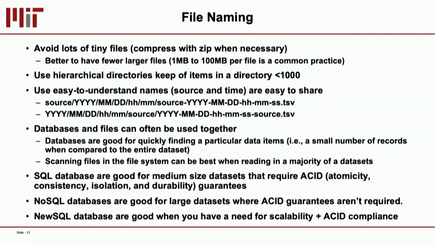In terms of actual file naming, as I said before, you want to avoid having lots of tiny files. Most file systems, most data systems do not work with small files really well. You do want to compress. That decompression doesn't take much time. It's usually quite beneficial. And so it's better to have fewer larger files. A sweet spot for a long time has been files sort of in the 1 megabyte to 100 megabyte range.